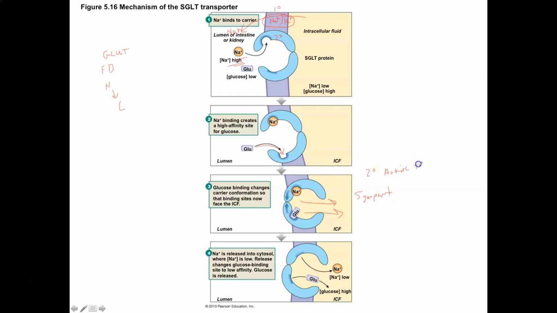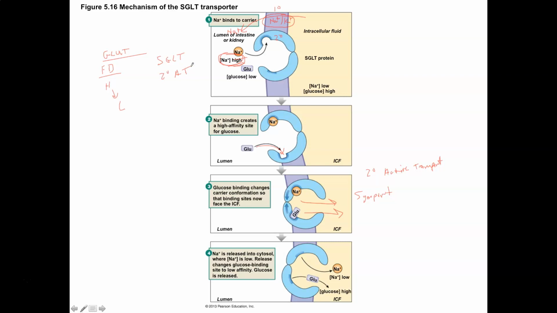And again, the reason it's secondary active transport is because you are utilizing the energy from the primary transporter to maintain that high concentration of sodium outside of the cell to then power the movement of the glucose. So a GLUT transporter is facilitated diffusion, but an SGLT, a sodium glucose transporter, is secondary active transport.